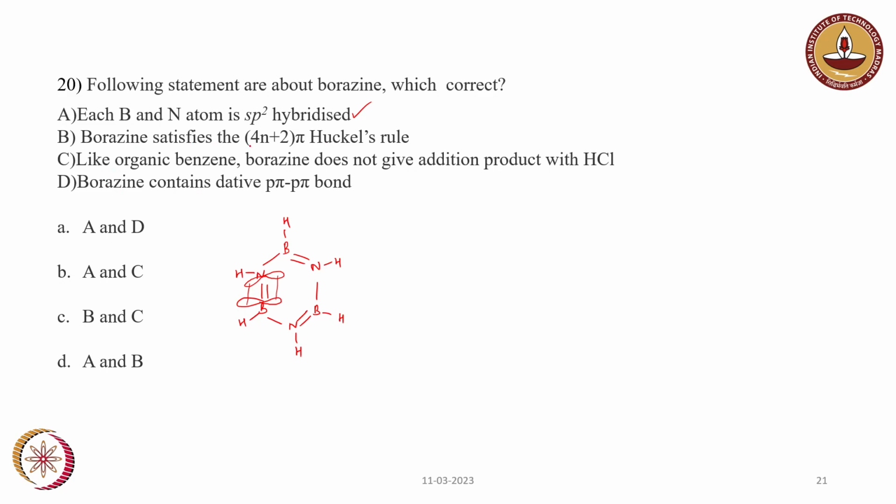Next one is borazine satisfies the 4n plus 2 pi Huckel's rule. This statement is correct because, in Huckel's rule, a compound is aromatic if it satisfies three conditions.